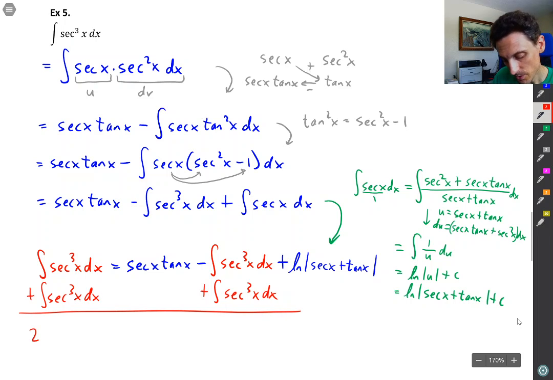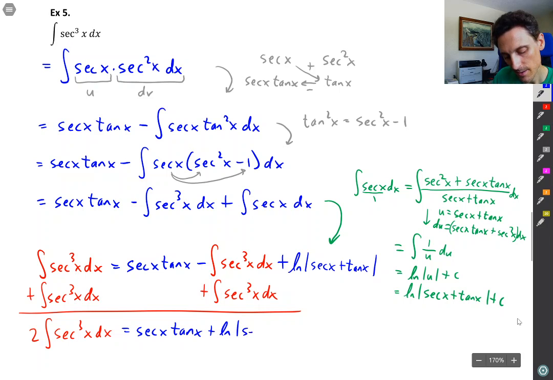So we'll get 2 times the integral of secant cubed dx on the left side. And on the right side we have secant x tangent x plus ln absolute secant x plus tangent x.